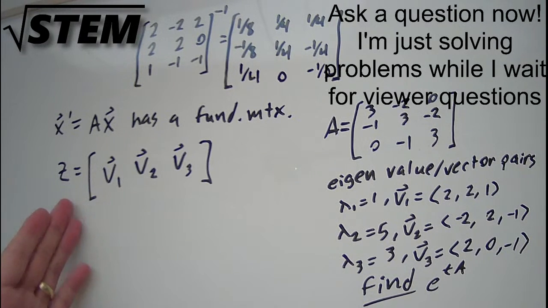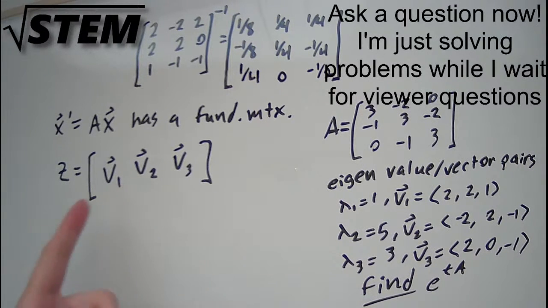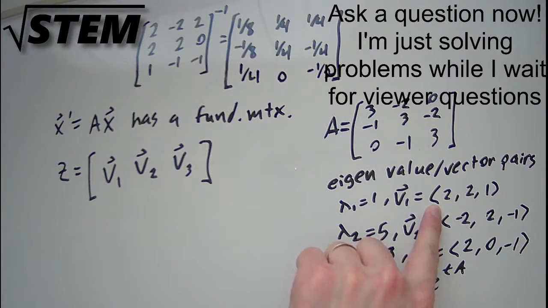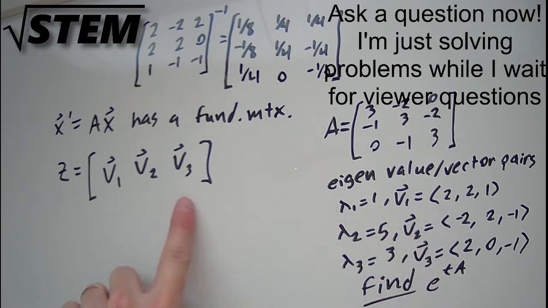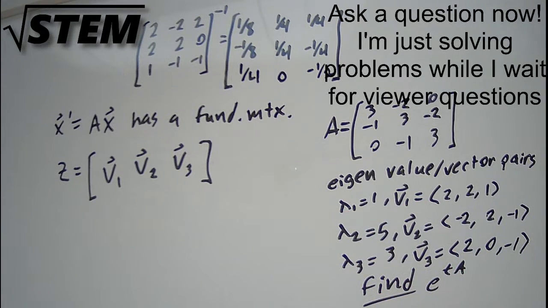So there can be infinitely many fundamental matrices as long as each column is an eigenvector of A. Then Z will be a fundamental matrix. Also, all of those eigenvectors have to be linearly independent. So you couldn't have like 2, 2, 1, 4, 4, 2, and 8, 8, 4 as your 3 columns.